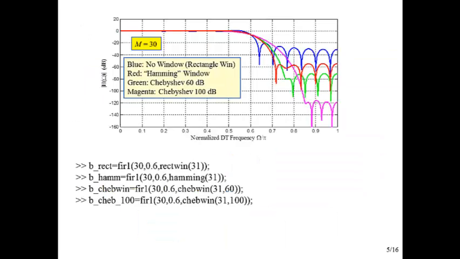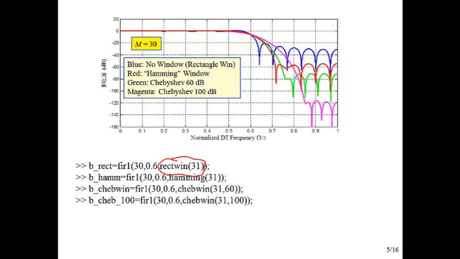So here's a few designs that I made with FIR1. I kept the order to 30, and I used a couple different windows. RectWin is a rectangular window, which really does no windowing at all. So that was our original approach, where we just truncate.